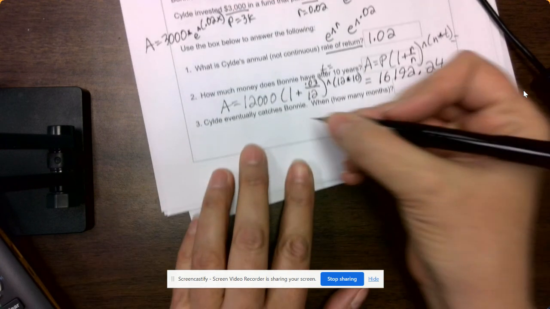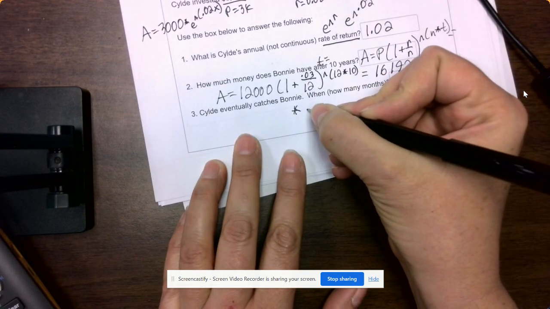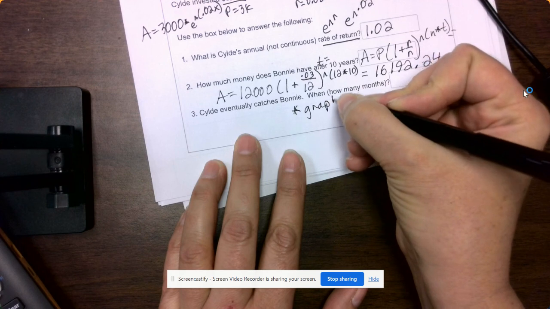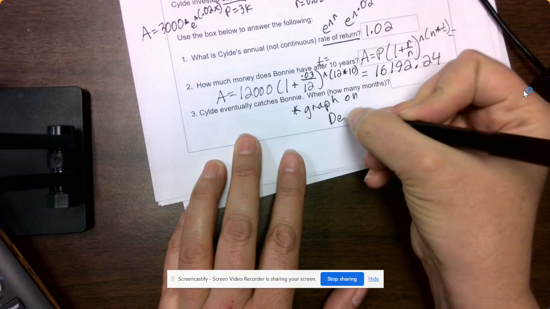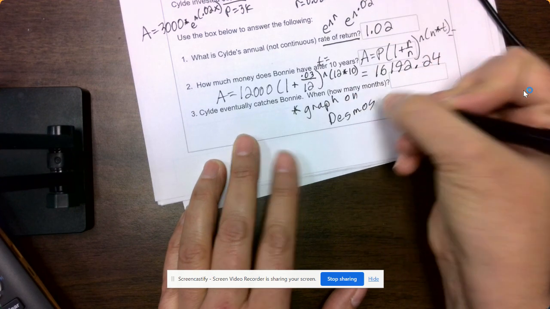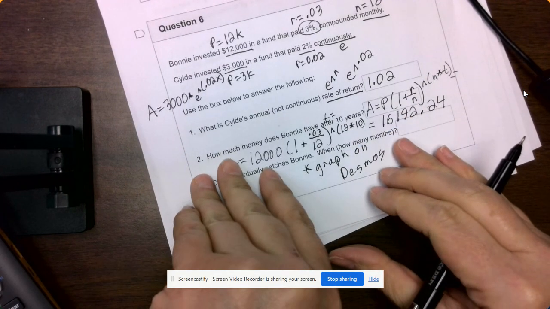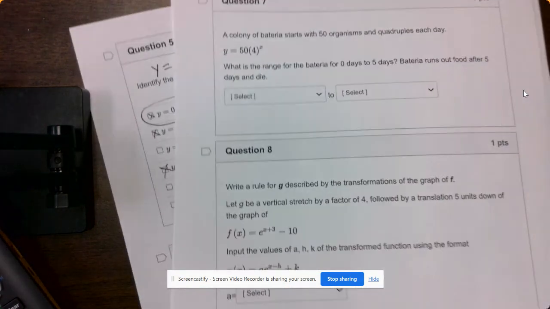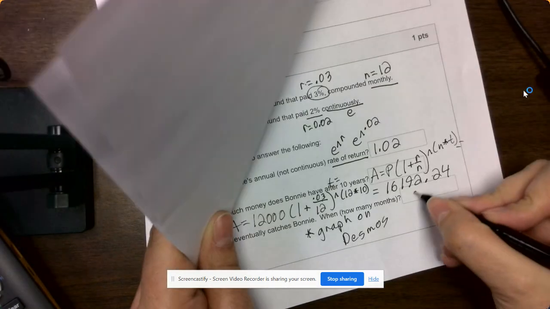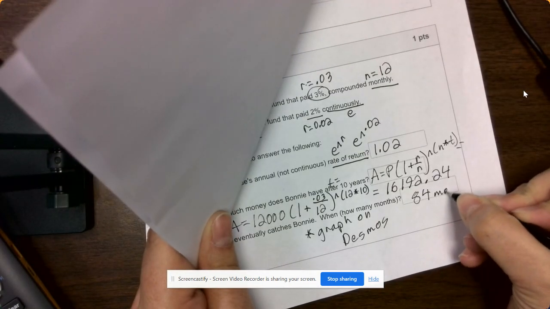Okay, this one, everybody, honestly, graph it in decimals. It's just easier to see. Okay, on that one, everybody, I want to say this one I think was 84 months, but honestly, graph it in decimals.